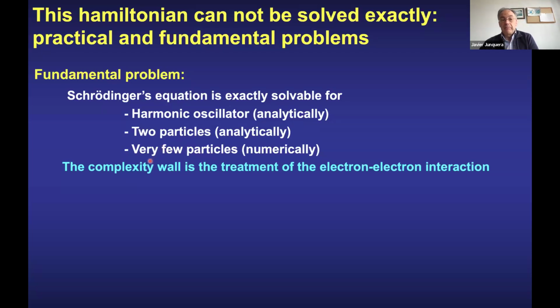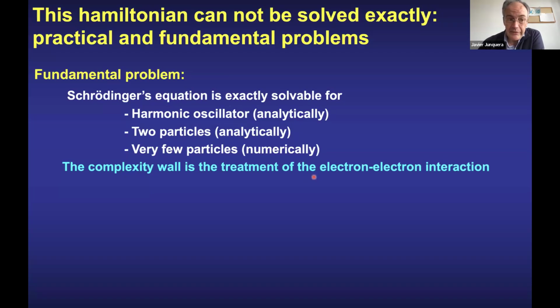However, there is a complexity wall if we increase the number of particles. As Richard Martin explained last week, this is due to the electron-electron interactions. If the electrons interact between themselves, the complexity of this equation increases exponentially, and at some point it becomes totally unsolvable from a fundamental point of view.